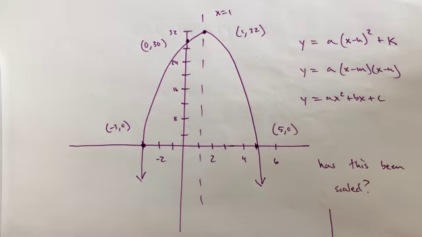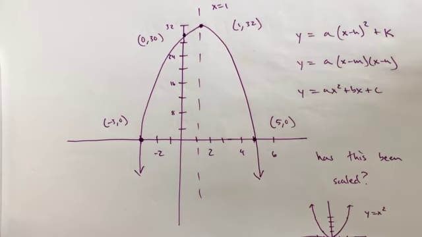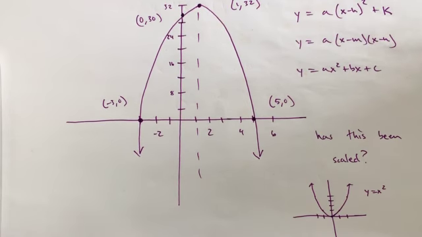Remember, we are comparing to the parent function y equals x squared, where that looks like this. So we really want to compare it to y equals x squared. And so we need to know some things about y equals x squared to determine whether this thing has been scaled or not.